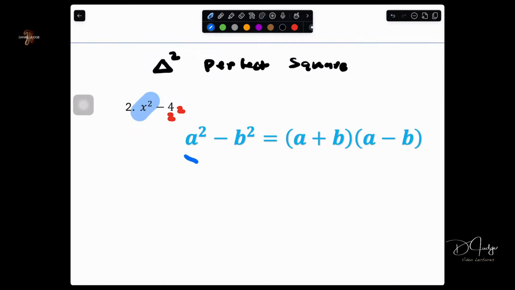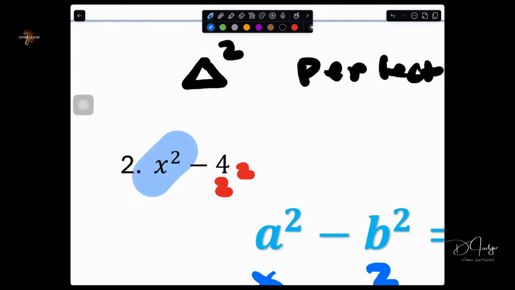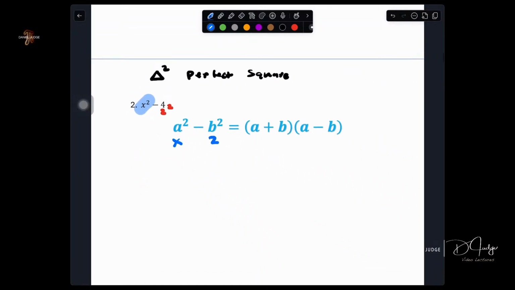That means x squared is a perfect square. 2 squared is a perfect square. So we got the difference of perfect squares here. So using our formula, x, 2, and 2, because it's x squared minus 4. We have now factored by the difference of perfect squares.